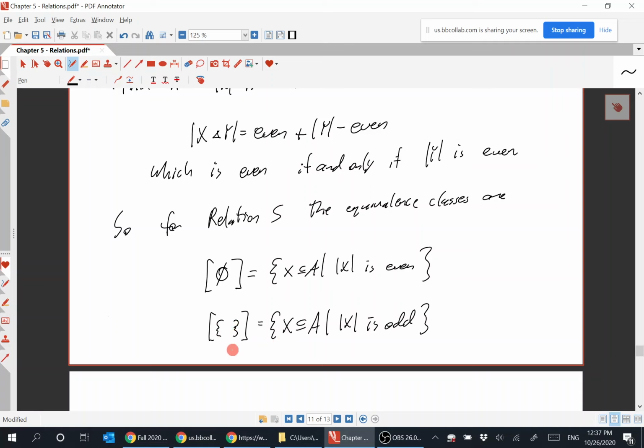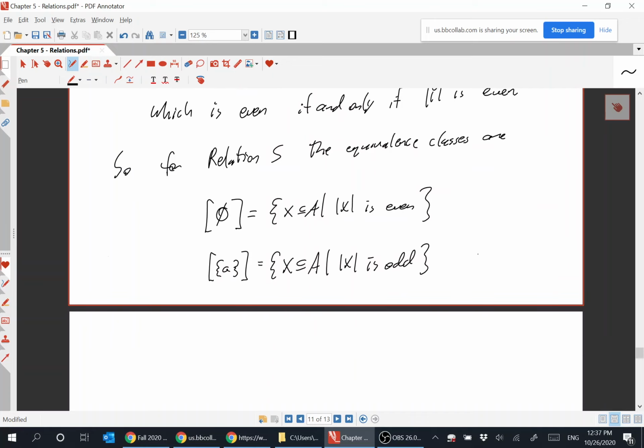As far as a subset of odd order actually existing, as long as A is non-empty, there's going to be some such thing. The equivalence classes are this as long as the set A is not equal to the empty set and has some element little a in A. Whatever little a might be, it could be a number, it could be a shape, it depends on what the set A is.